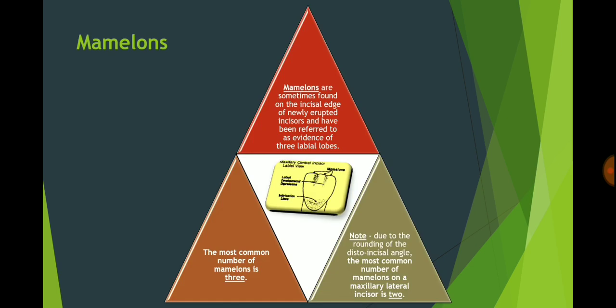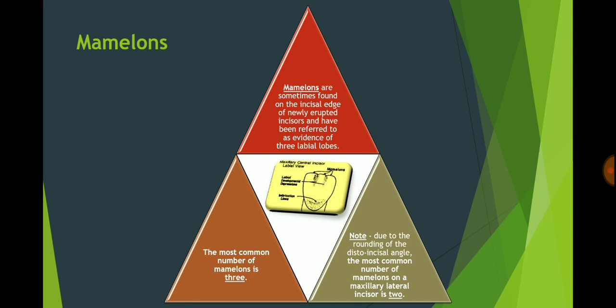Okay, so mamelons. We discussed last time that all anterior teeth develop from 4 lobes. They have 4 lobes and 3 mamelons because the 4th lobe is usually the cingulum. So the cingulum doesn't form a mamelon.